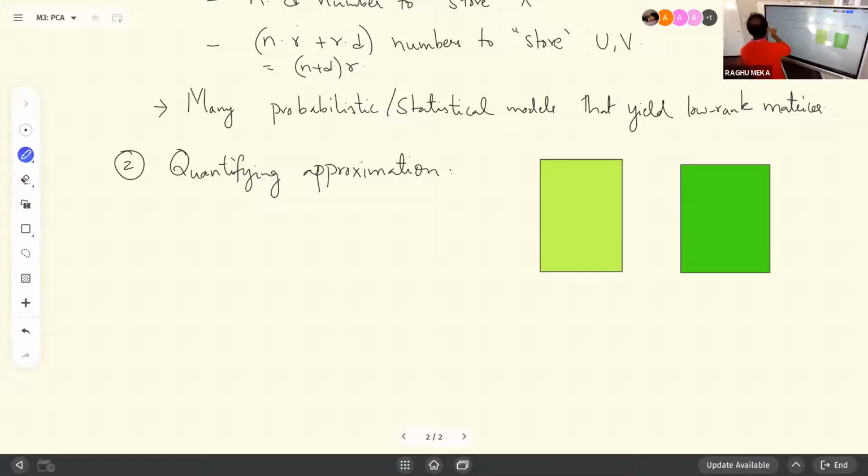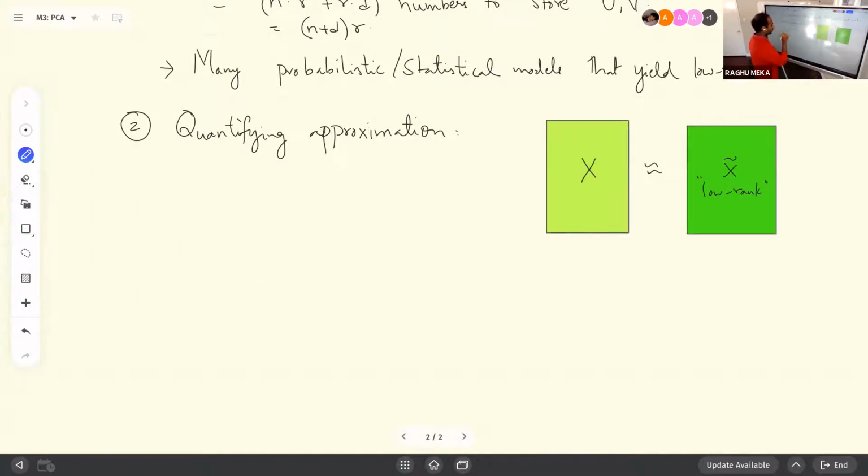So this is my X, I want to approximate it with some X tilde which has low rank. And a natural notion is to just look at the sum of squares of the difference of the entries. For each position, check how far the entries are. So that's how we'll quantify approximation.